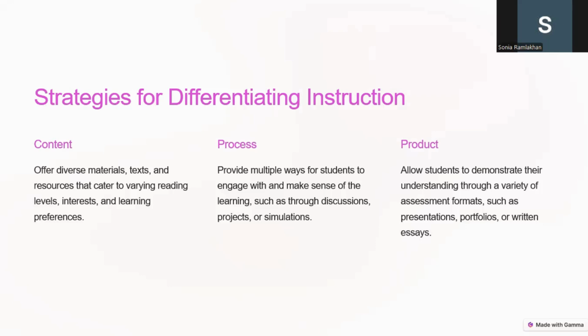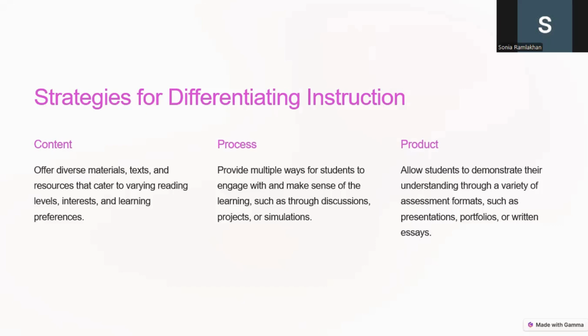Lastly, we have product. Students should be given various options to demonstrate their understanding, including writing essays, presentations, projects, or portfolios. This flexibility ensures that assessments are aligned with individual students' strengths and preferred modes of expression.